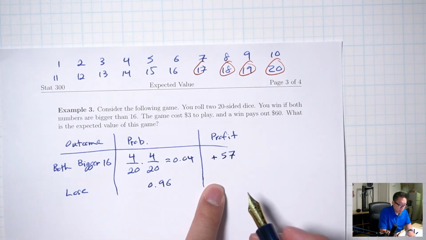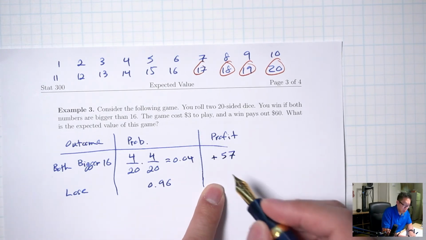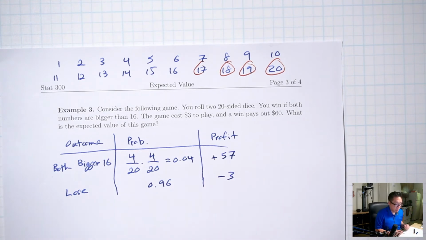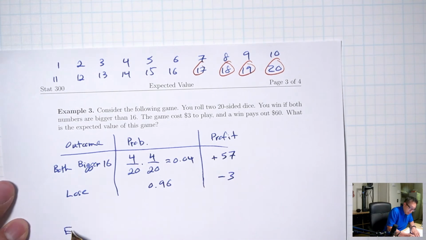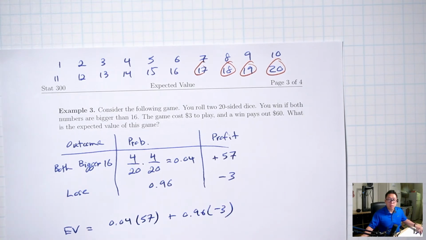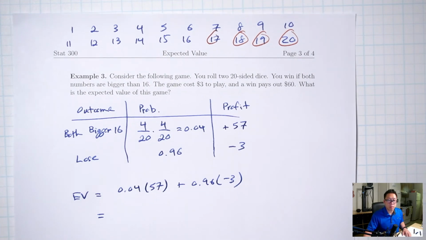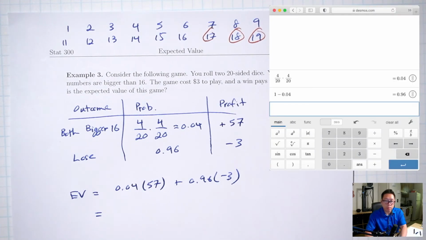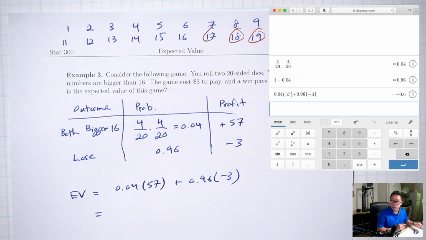If you lose, you just lose the $3 that you paid to play, so you're down 3, negative 3. And then expected value, probability times profit, 0.04 times 57, plus 0.96 times negative 3. That's negative 0.6.